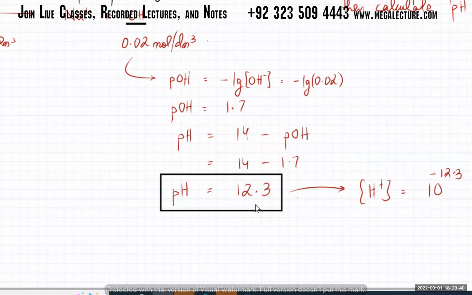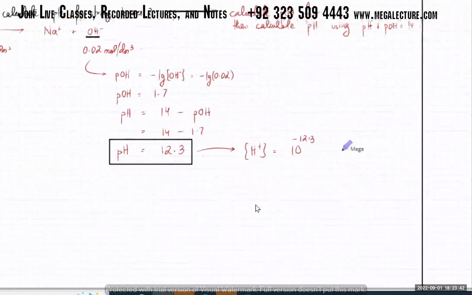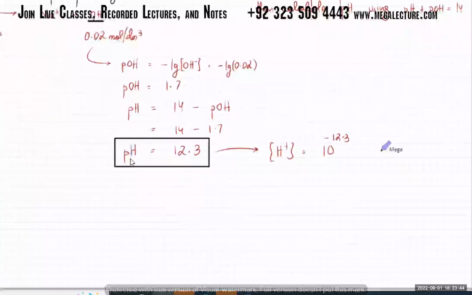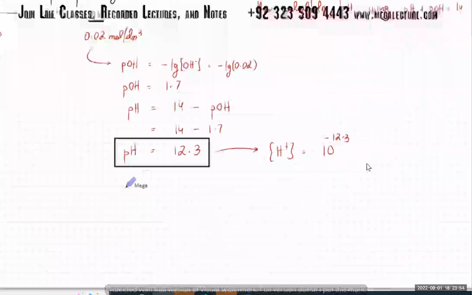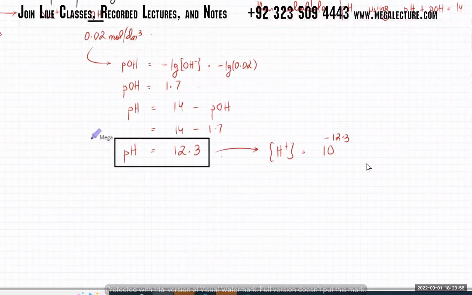Make sure you know how to convert something from log back. Let's do it here. pH is minus log of the concentration of H plus ions, and that's equal to 12.3.